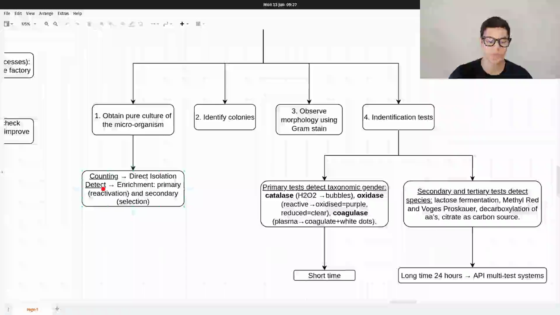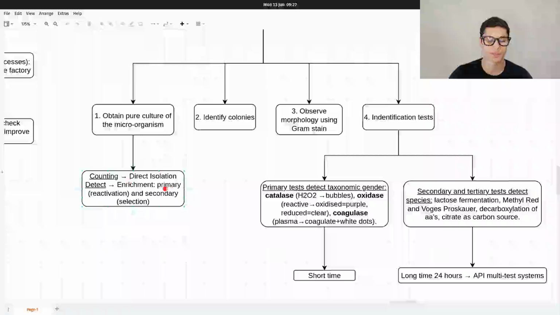But if we want to detect it in the food, we have to do an enrichment: a primary enrichment, the reactivation of all the microorganisms present in the sample, and a secondary enrichment for the selection. This has to be a selective one.